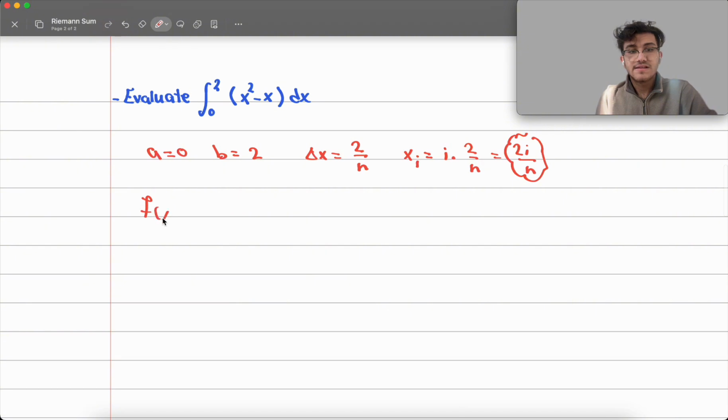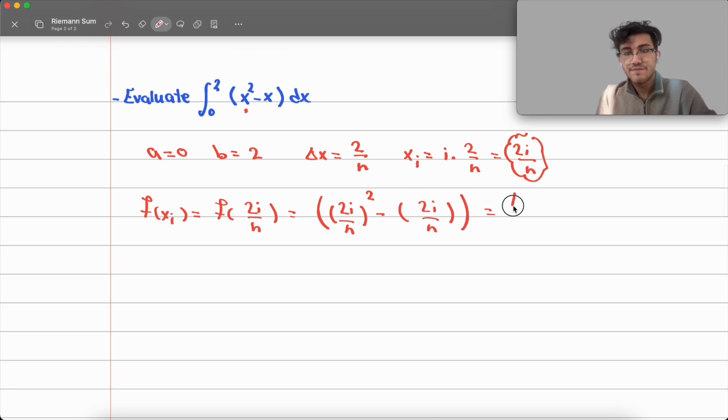So f of x sub i is going to give me f of 2i over n, or basically just plug 2i over n into this equation. I'm going to get 2i over n squared minus 2i over n. This would give me 4i squared over n squared minus 2i over n. This is my f of x sub i.